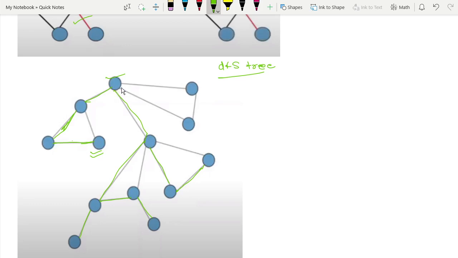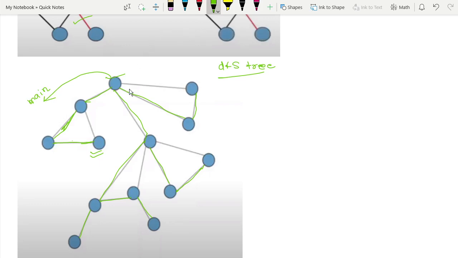Now it will come here and visit this node. Now there is no unvisited node from this node, so it will trace back, trace back. Now the DFS function is over and returns to main. Okay, so this is how the DFS function works.